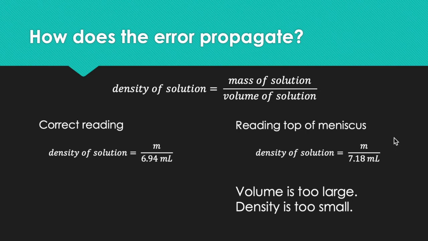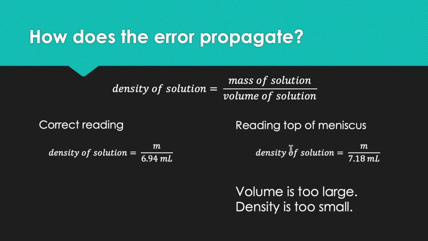So I'm just going to use M as our mass. That is not going to be affected by our error. The volume is affected by our error. The correct reading is 6.94. The incorrect one is higher, 7.18. So this number that's too high is in the denominator. And if we have a number that's too high in the denominator, that's going to make our answer smaller.